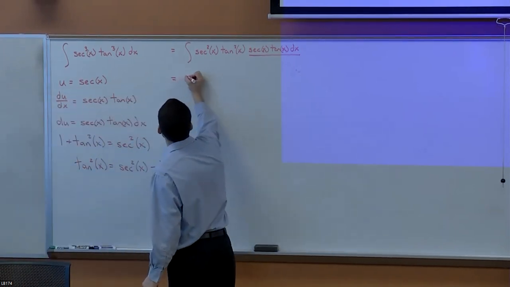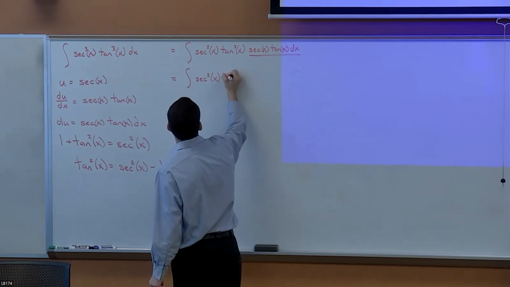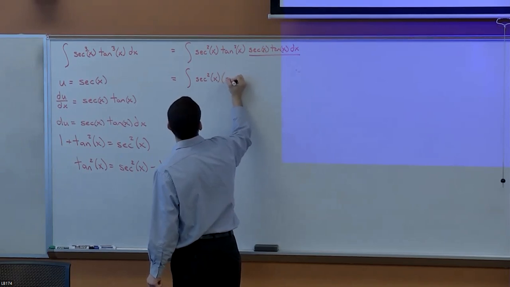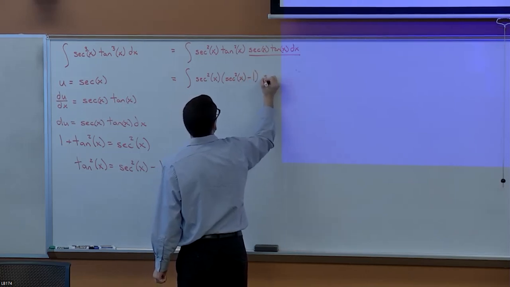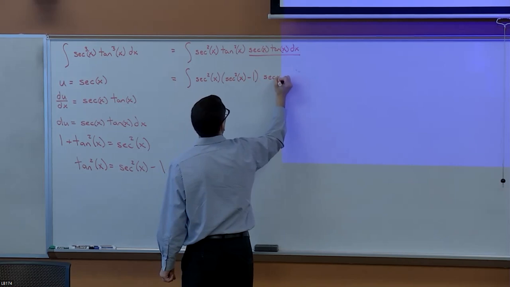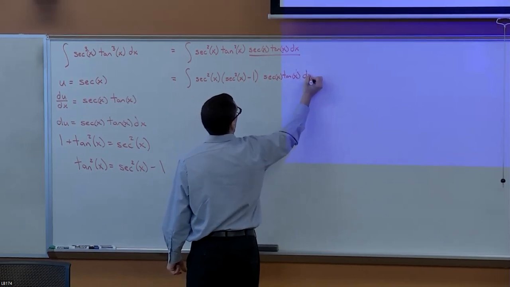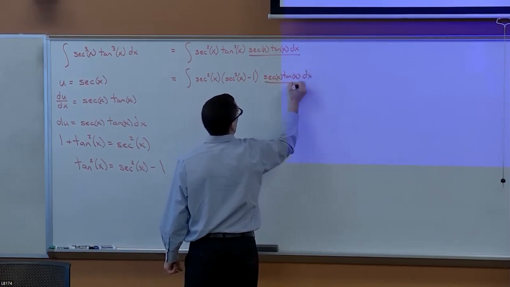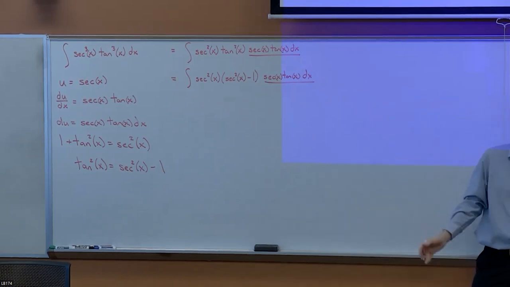All right, so I replace my tangent squared with a secant squared minus 1. And now I'm ready to substitute in for the u.